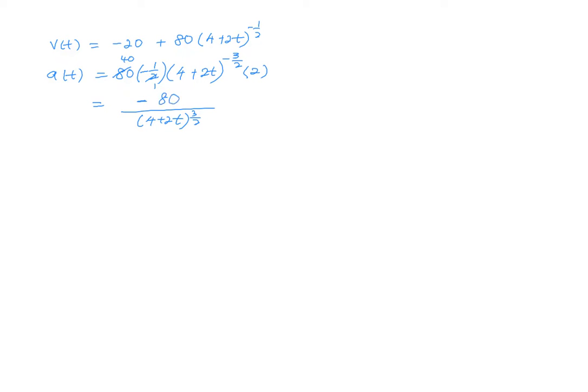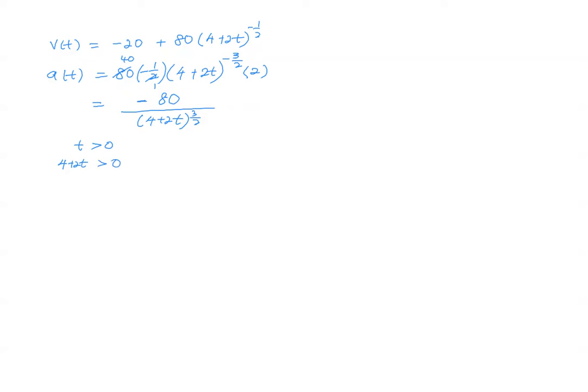Now, if I want to show that the velocity is always decreasing, do you agree? Because t is greater than 0, 4 plus 2t is always greater than 0.